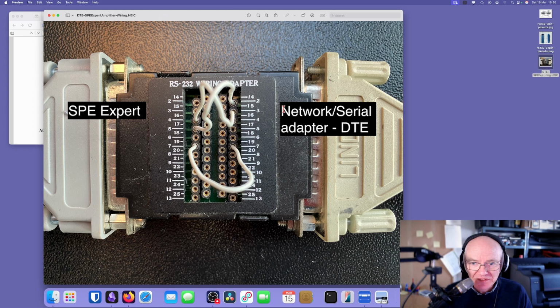On this 25-pin connector, from the serial adapter, I've connected pin 2 to pin 5, and I've connected pin 3 to pin 4, and 7 to 7, which is the ground connection. Now, that is the 25-pin connector. So don't try and apply those numbers to a 9-pin connector.